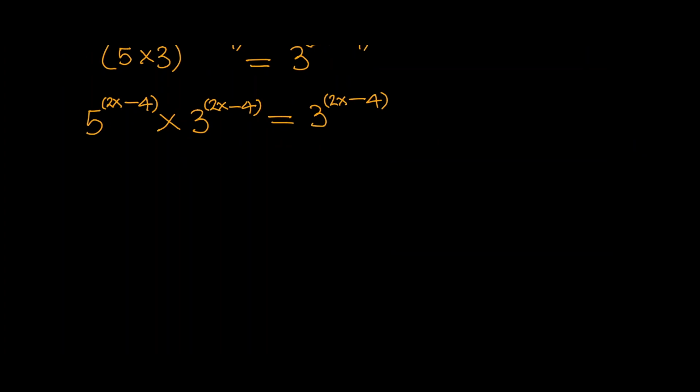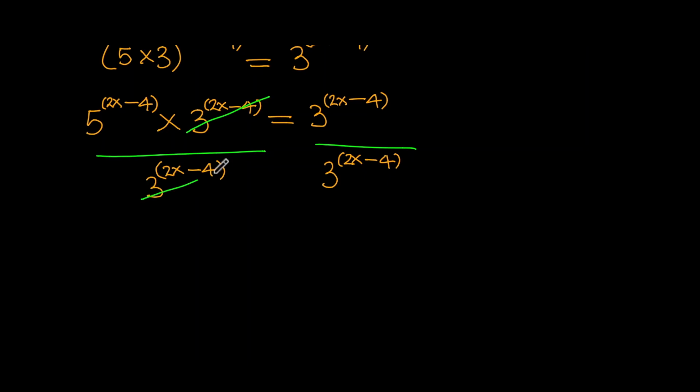Divide both sides of this equation by 3 exponent 2x minus 4. So we have also here 3 exponent 2x minus 4, and this cancels, so we're left with only 5 exponent 2x minus 4.